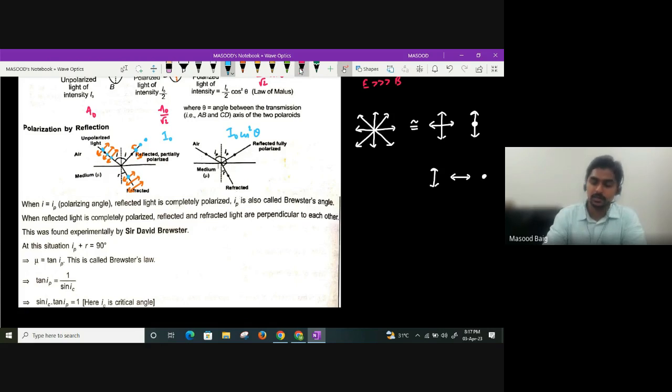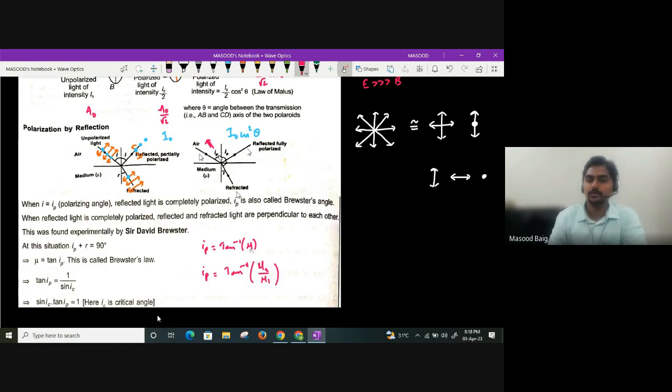This angle is called the polarizing angle or Brewster's angle, and the second case is called Brewster's law. So the IP value will be tan inverse of mu, or I can write IP as tan inverse of mu2 divided by mu1, guys.